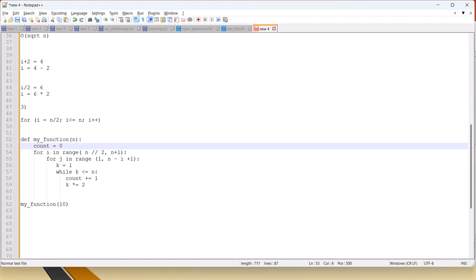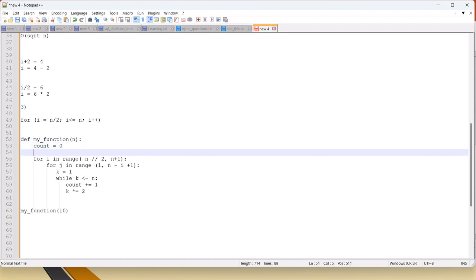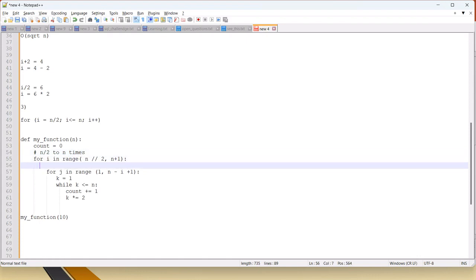So now if you take this outer loop, for better understanding I'll just type it here. So this outer loop runs for how many times? n divided by 2 to n times, correct? These many times this loop will run.